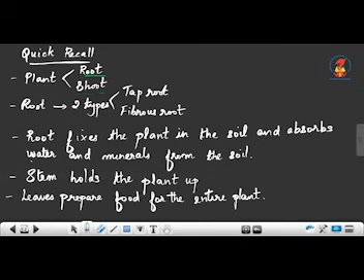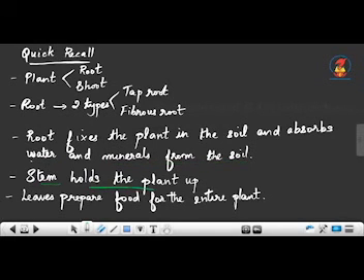Root is the part of the plant seen below the soil. Shoot is the part of the plant that is seen above the soil. Roots are of two types, taproot and fibrous root. Root fixes the plant in the soil and absorbs water and minerals from the soil.